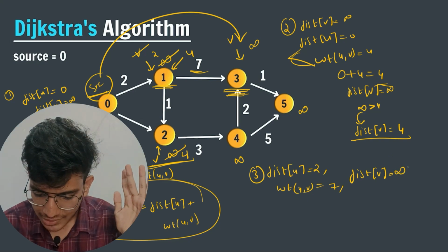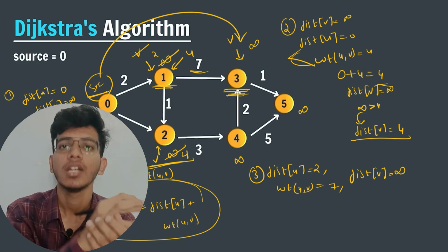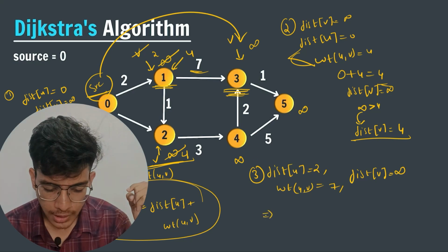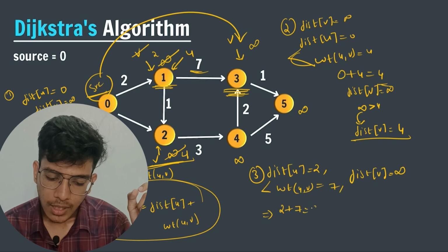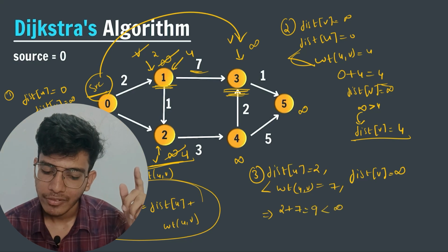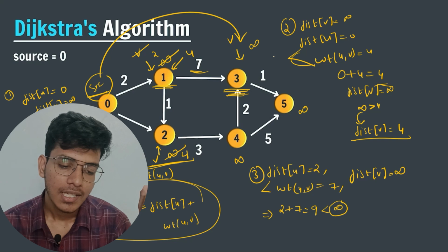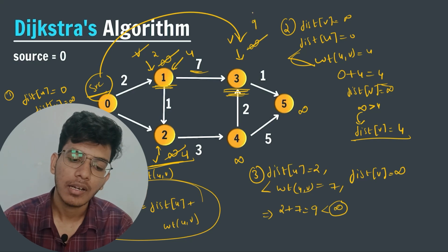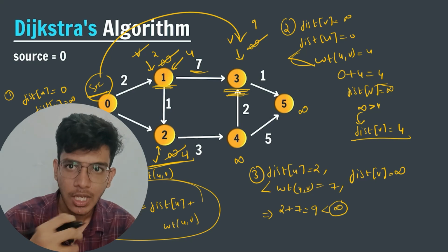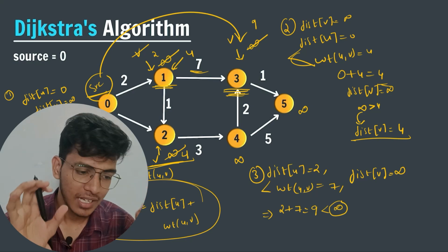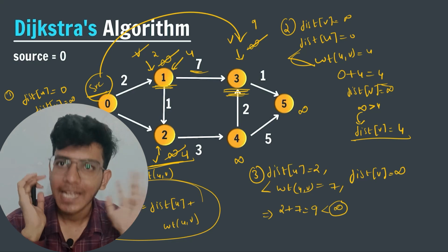So here I will make this infinity. Okay. Now after this, I will check the sum of these two, that is 2 plus 7, whether the value which I am getting is less than infinity. If this is the case, then I will change the distance as 9. This is what I'm going to do. This is the overall pseudocode, or you can say dry run, of my Dijkstra's algorithm.